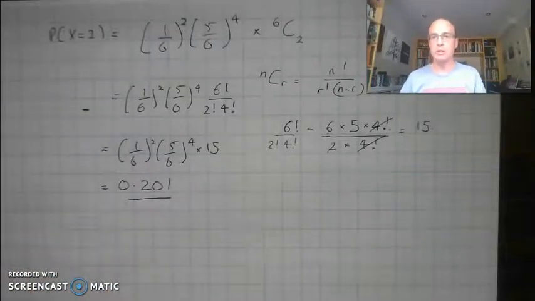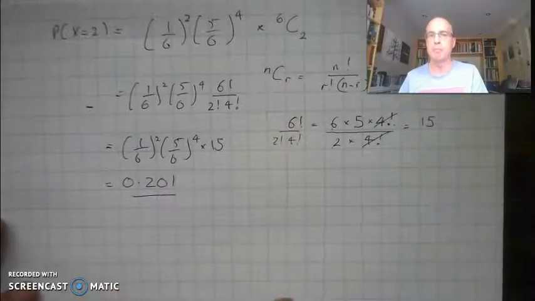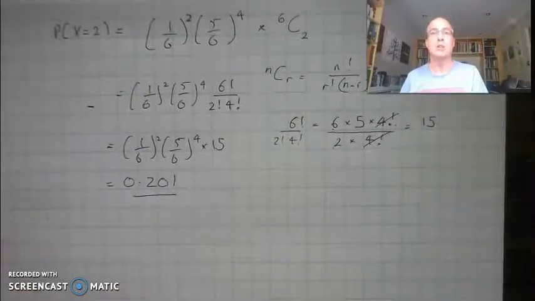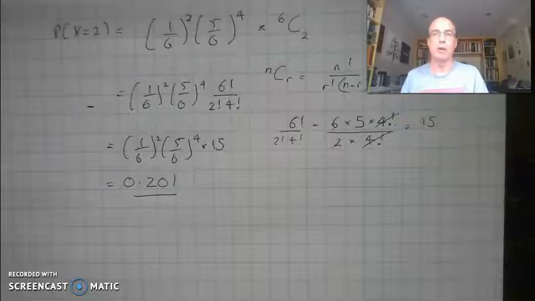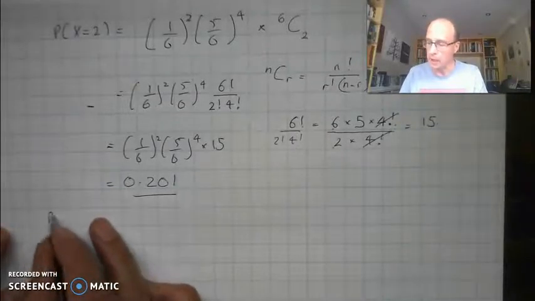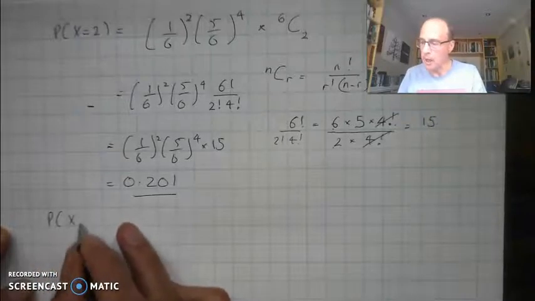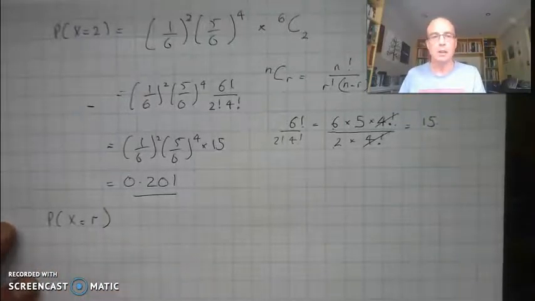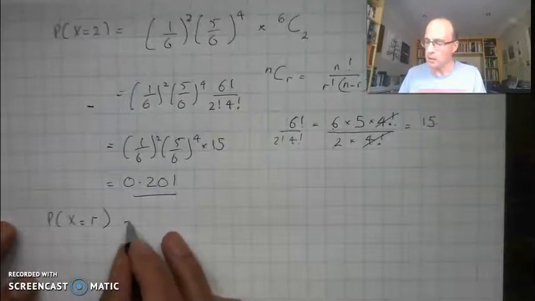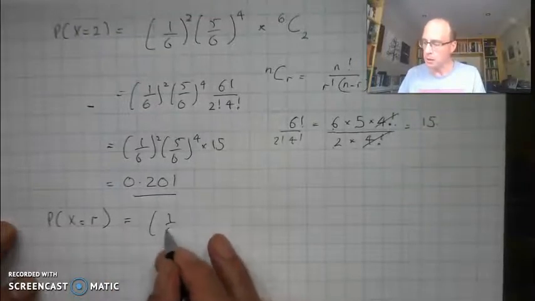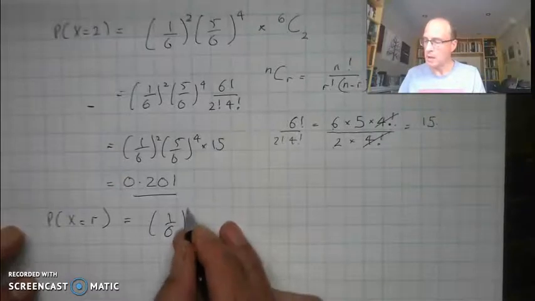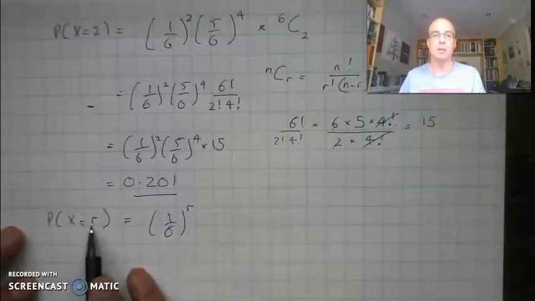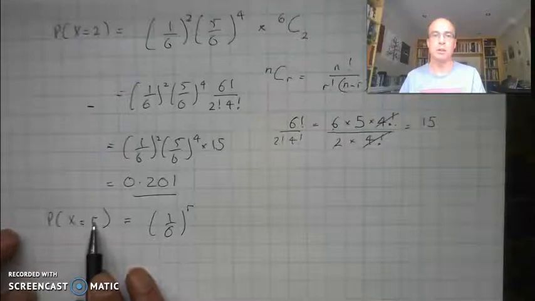Now the good news is we can use our calculator to help us do these calculations. Before we do that, I just want to think about coming up with a generic value for my value of x. So if I look at the probability that x is equal to little r, I'm going to get the probability that I had r successes, so the probability that I get r sixes when I roll it 6 times.